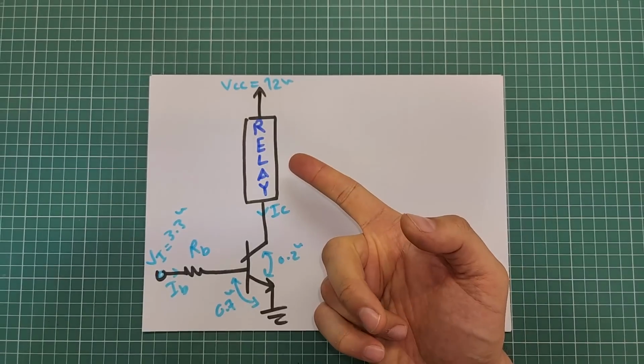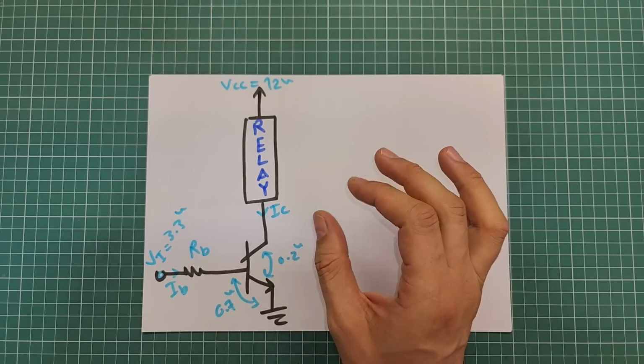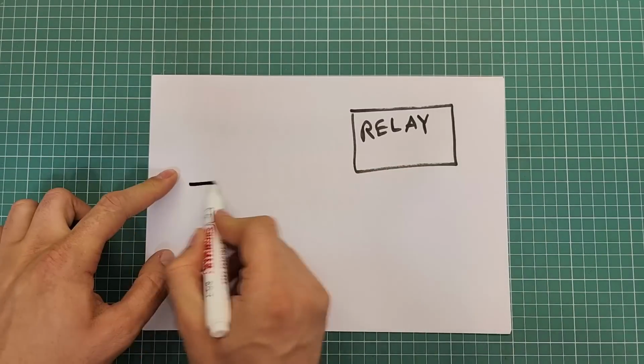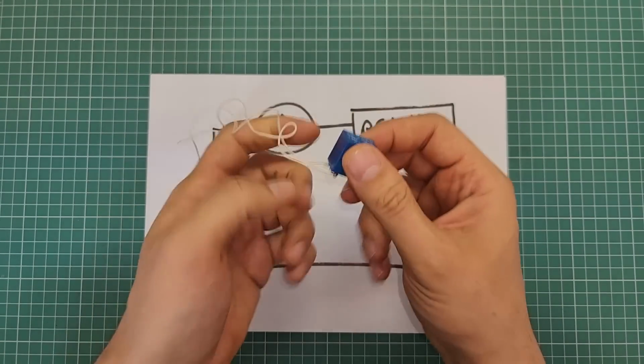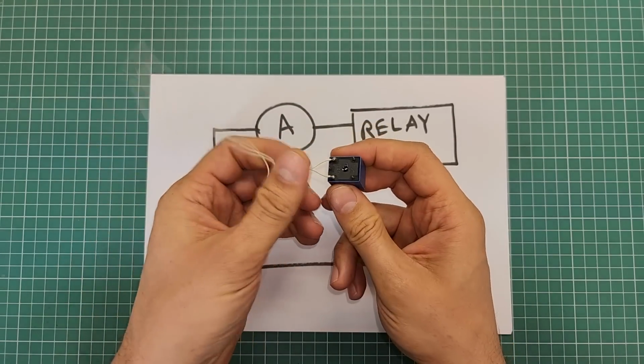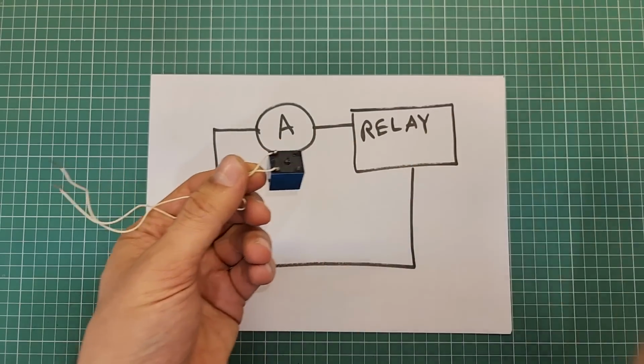In this example, the load is a 12-volt relay, but the current drawn by the coil is unknown. I can find the current drawn by the relay by applying proper voltage to its coil and measuring the current flowing into it.